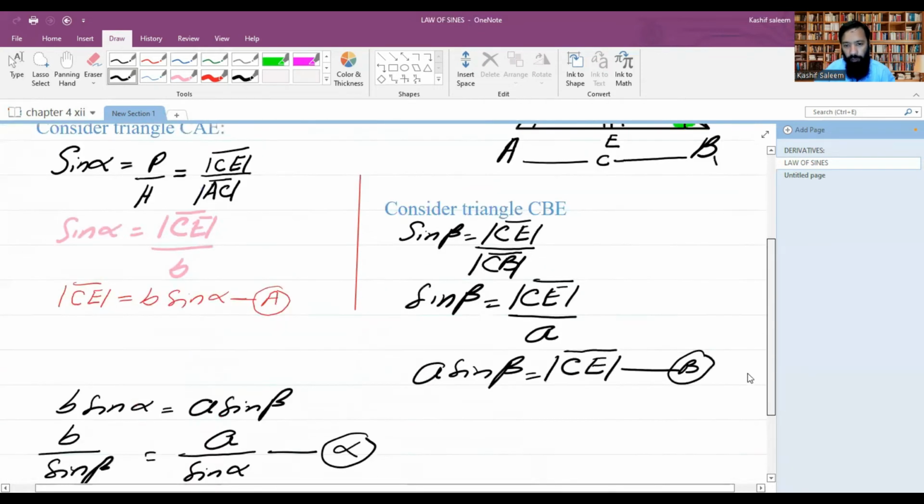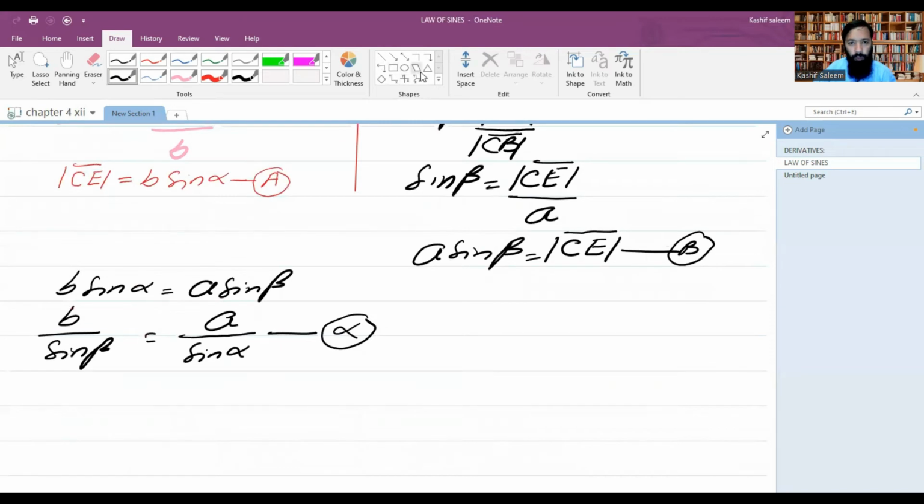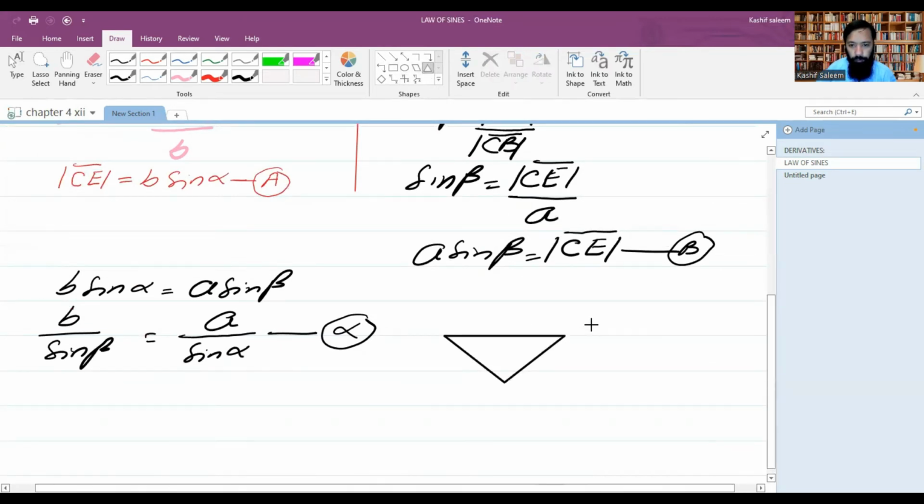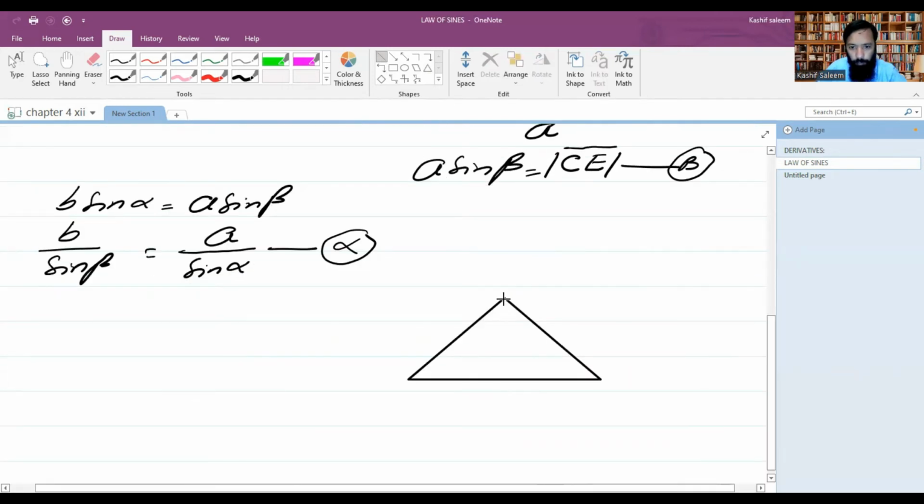If I draw it again here, you will be able to understand it properly. This time this is A, this is C. I rotate the above triangle so that you will be able to understand it properly. This is B, this is small c, and this is small a. This is angle alpha, this is angle gamma.